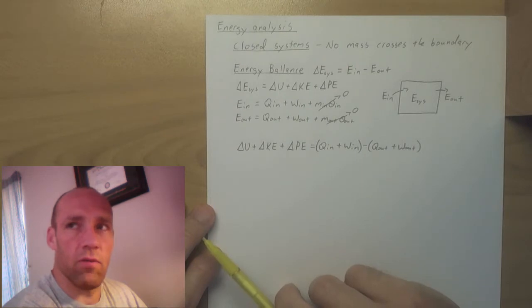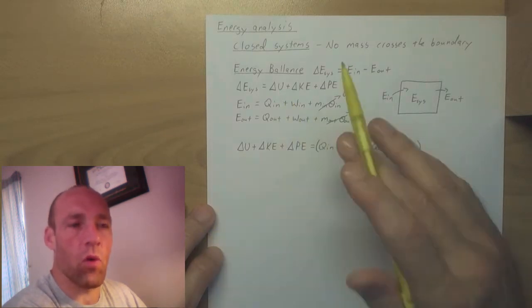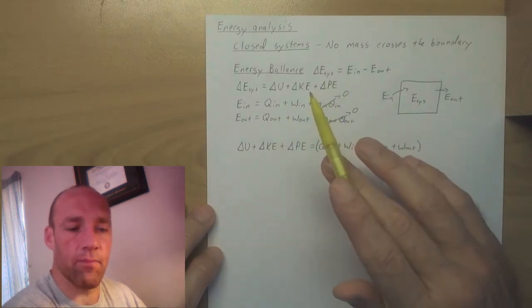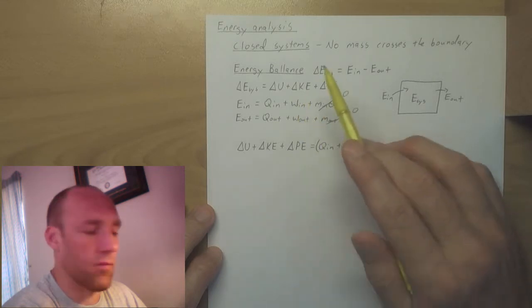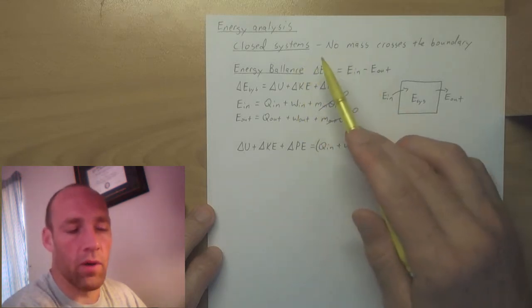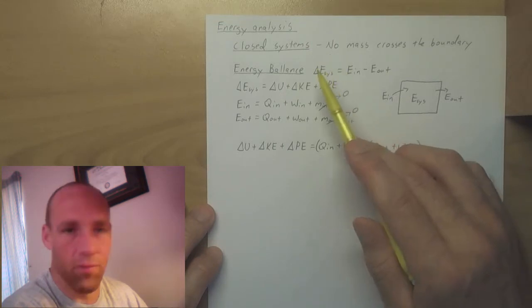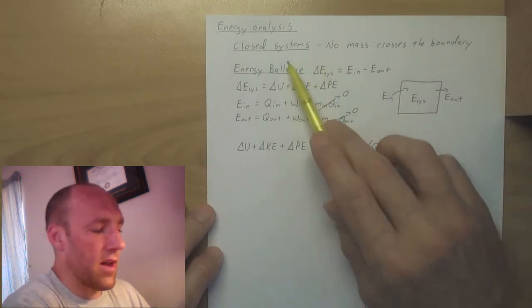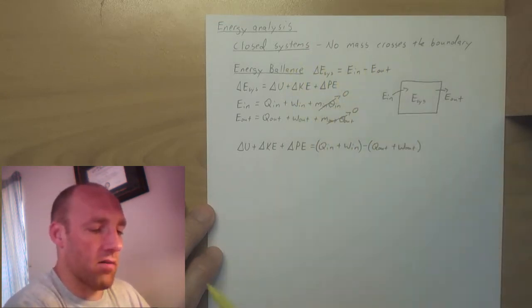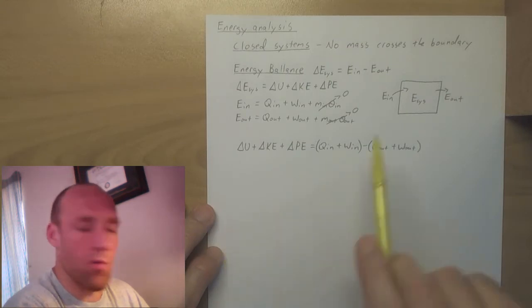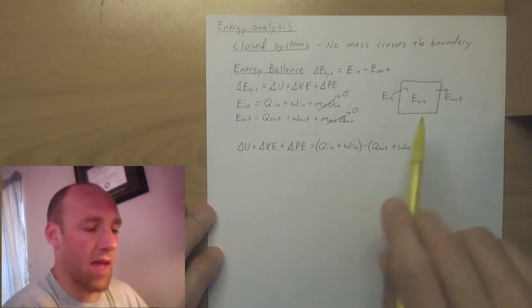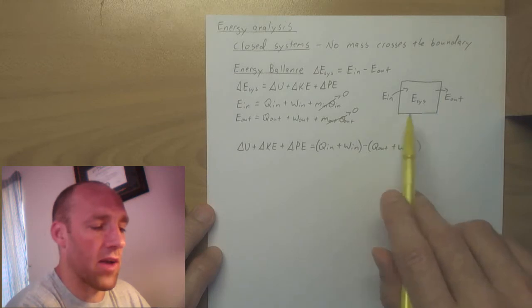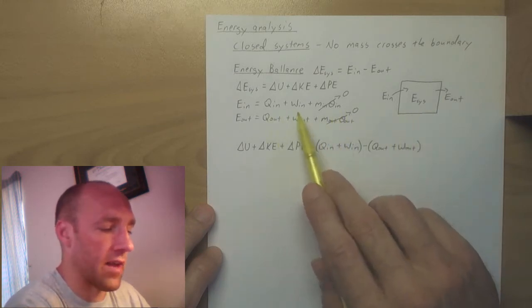What separates closed systems from what we're going to learn about in a second, a control volume, is that in a closed system, mass does not cross the boundary. So basically, you have a closed container, and mass does not come in or out. So all the energy interactions come in the form of heat and work.